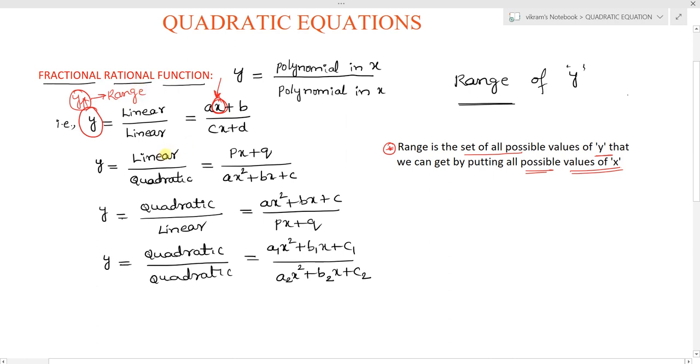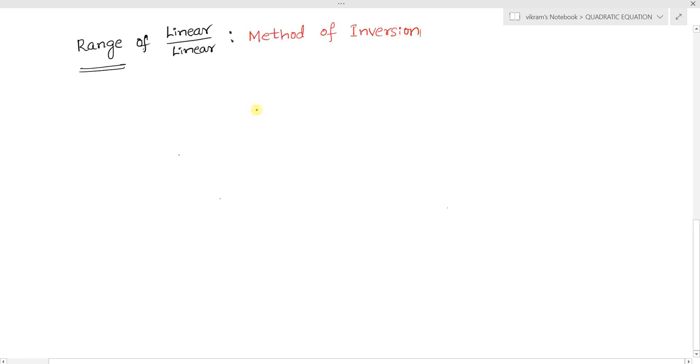Simply, y is an output of a system, whereas x is an input to a system. The outputs obtained from the system by applying inputs are calculated with the help of these fractional rational functions. So these are used to find the range of the given function.